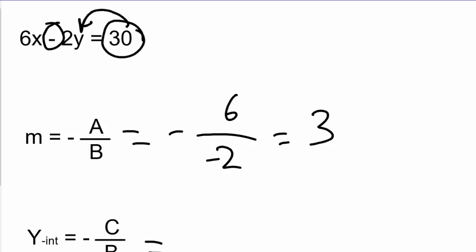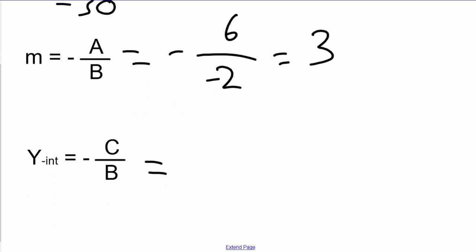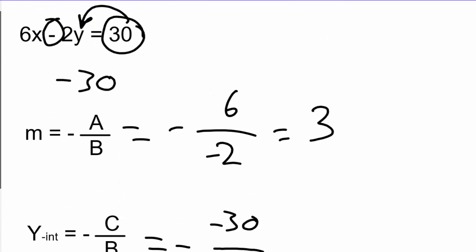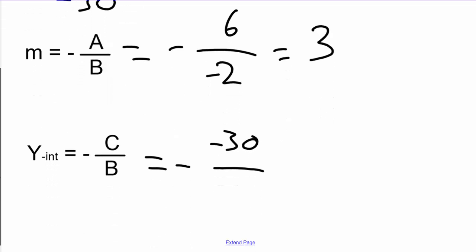I need to send it to the other side of the equation as minus 30. So negative 30 divided by minus 2. A lot of negative signs here. This will be negative 15.